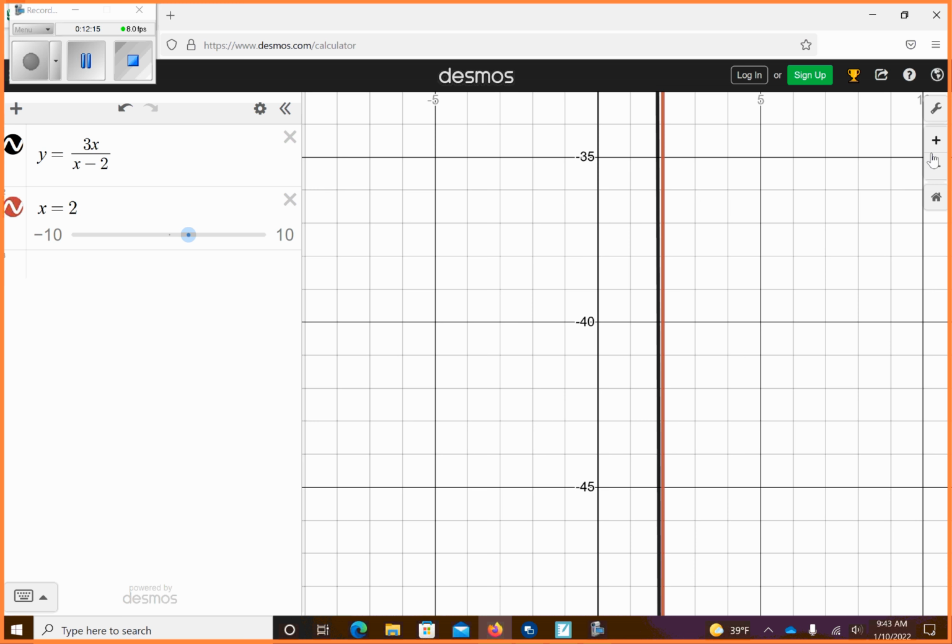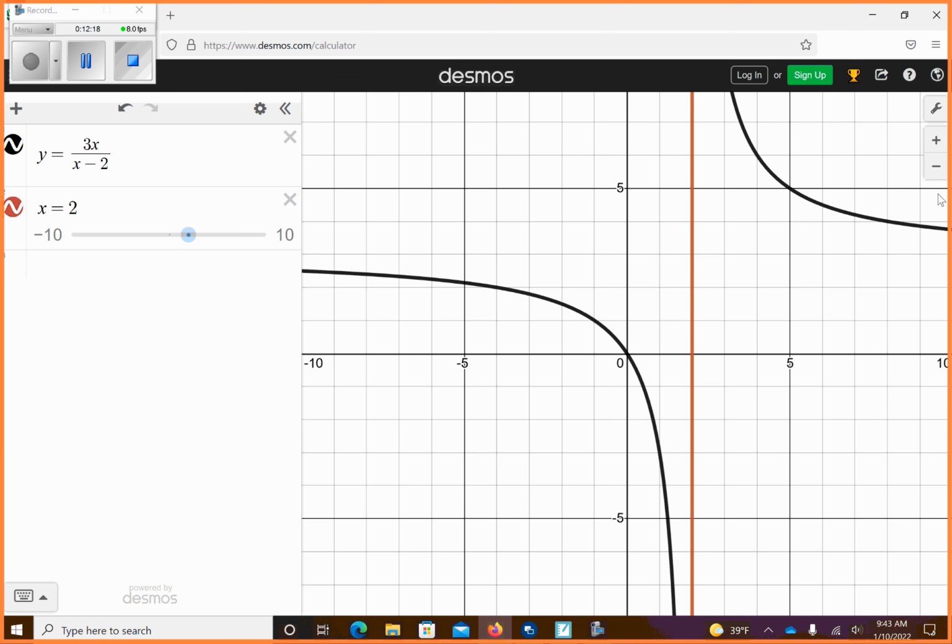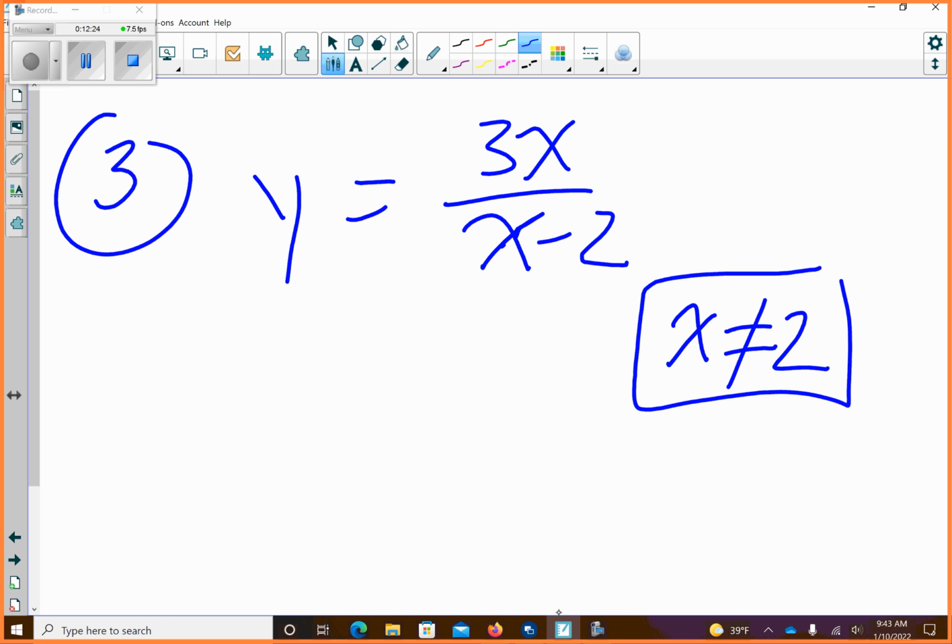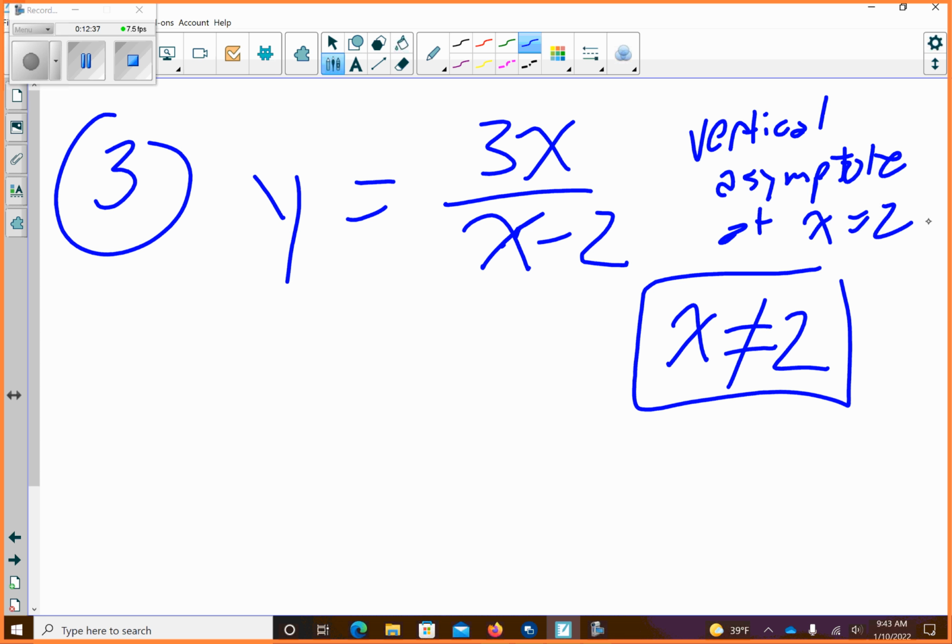Does that make sense? It's never going to cross it. So what this means mathematically for us is that we have a vertical asymptote at x equals 2. Okay?